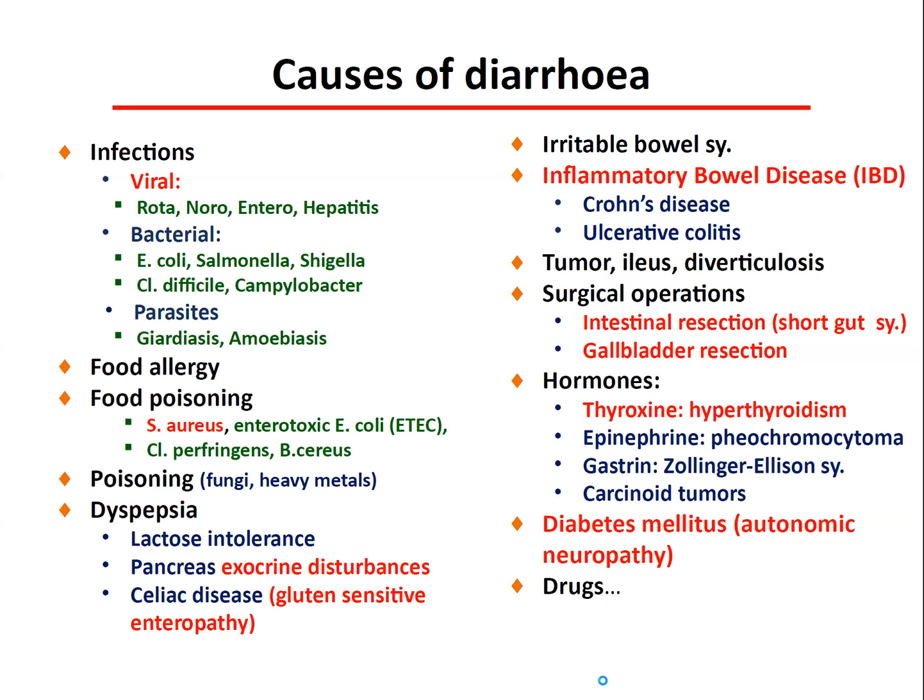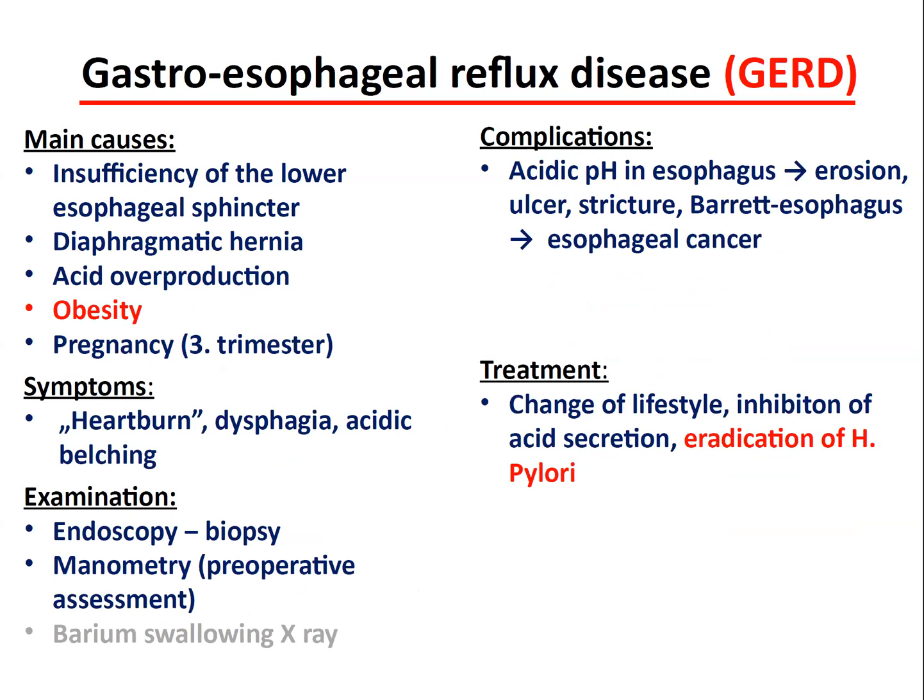Diabetes mellitus, when we do have autonomic neuropathy and autonomic disturbances, and certain drugs can cause diarrhea. Now, this is the summary of what could be searched in a case if the patient presented with diarrhea, and usually long-standing diarrhea.